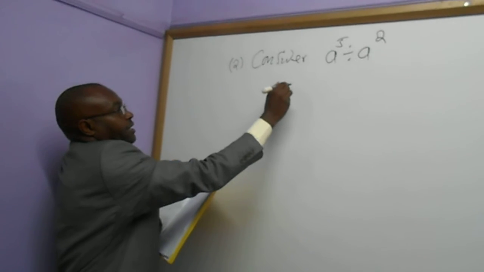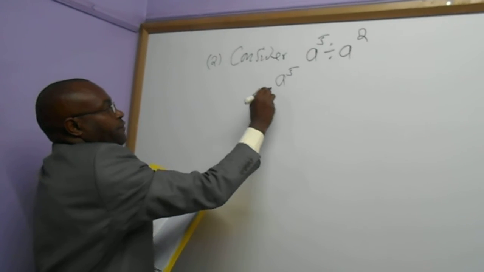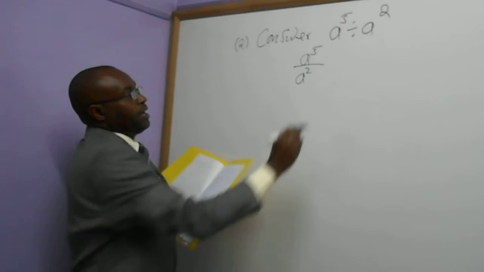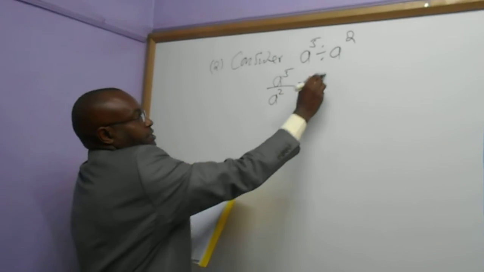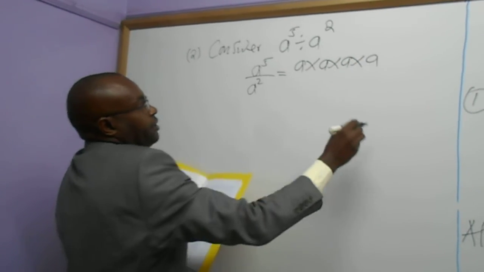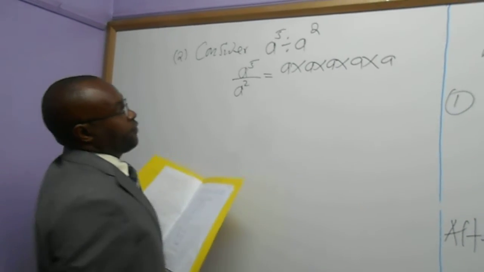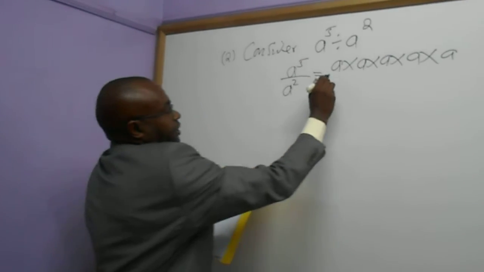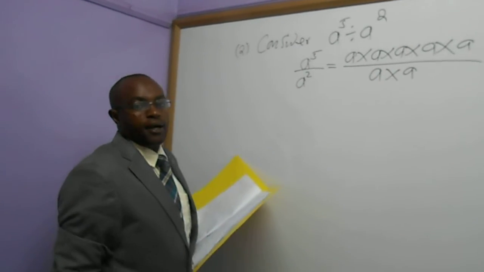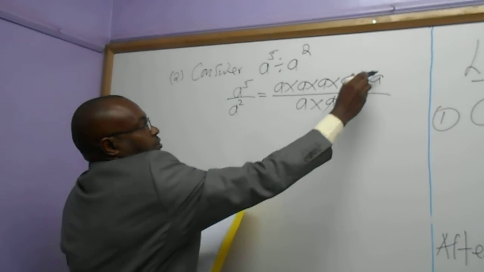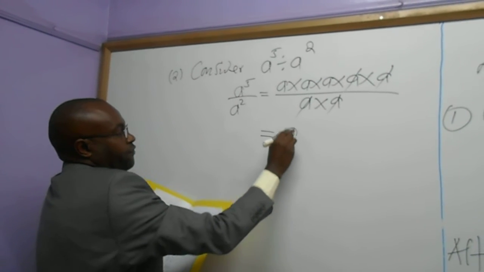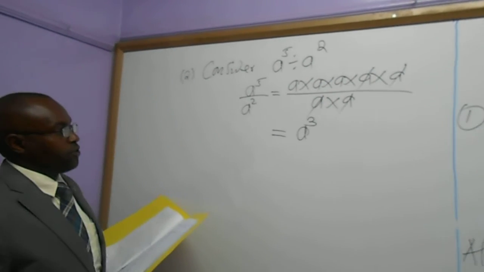This is the same as saying a to power 5 divided by a to power 2. And a to power 5 is the same as a times a times a times a times a, 5 of them, divided by a squared, which is a times a. And then you cancel out the a's, and you shall be left with only 3 of them, and that is a to power 3.